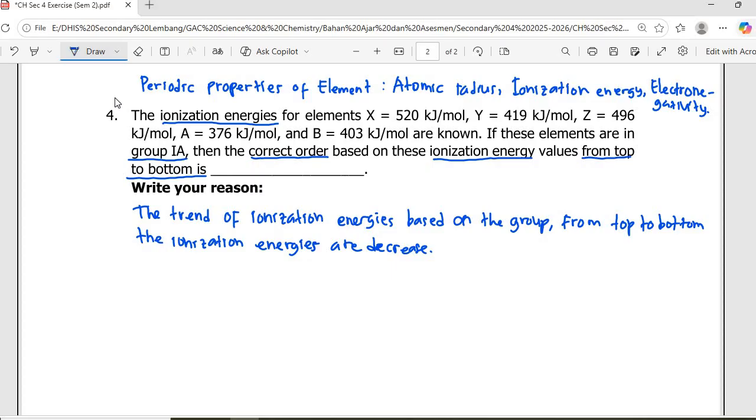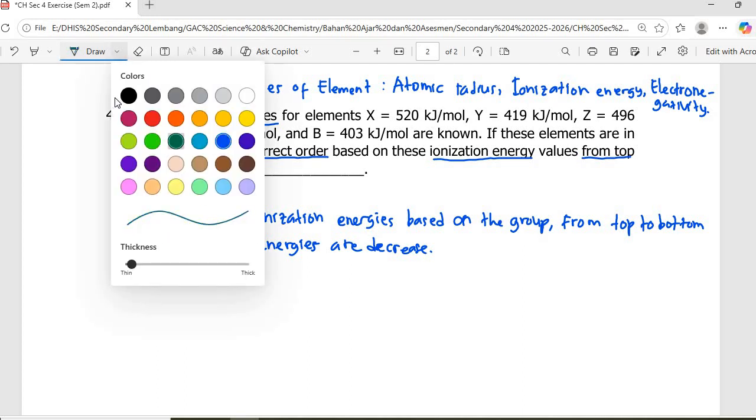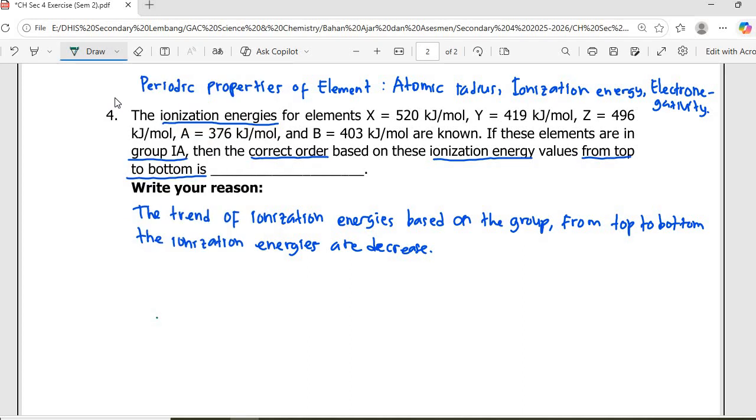So you have to order the elements based on their ionization energy. From the top is the biggest ionization energy, and then it decreases until the lowest. So you have to find first what is the biggest ionization energy from this data.